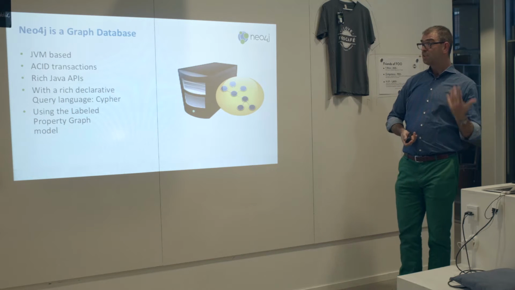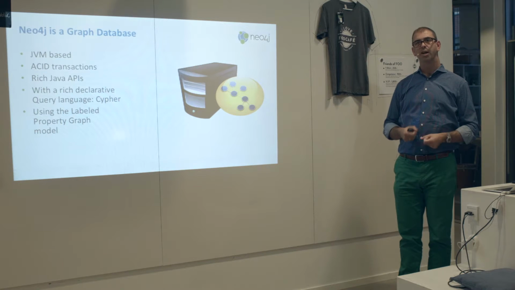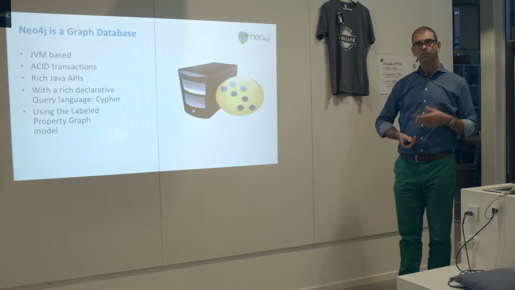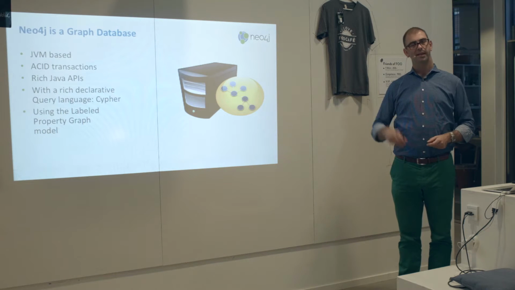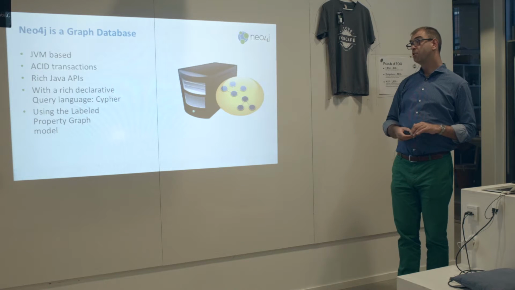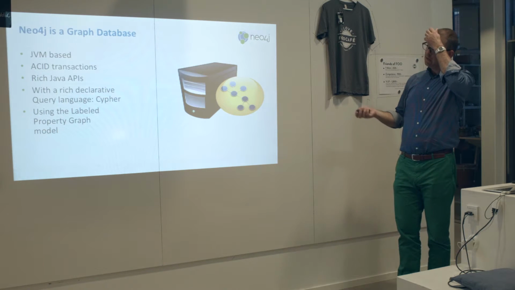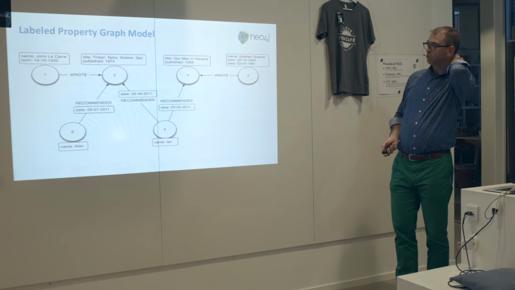SQL opened that up for the relational world. Cypher is opening that up for the graph world. A declarative query language: you declare what you want, the database has to figure it out, right? Super powerful, super interesting. It uses the labeled property graph model to store its data.